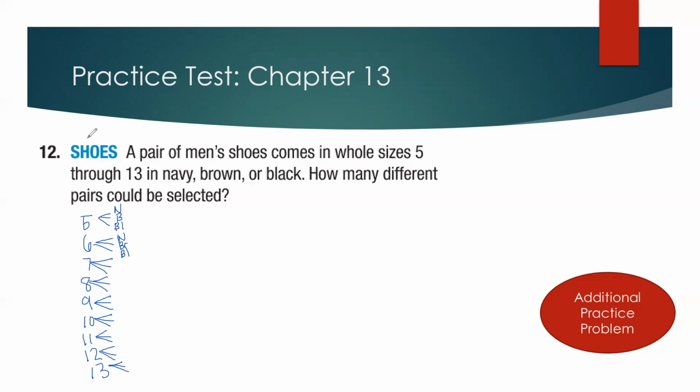If we added all these up, the navy, the brown, and the black for each size, we would end up with 27 pairs.